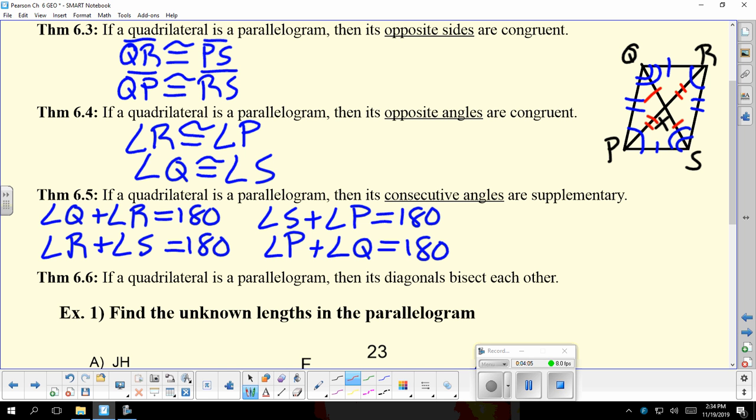So QX would be congruent to SX, and PX is congruent to RX. So the diagonals bisect each other. Try examples 1 and 2. See if you can come up with the missing sides and the missing angles in those parallelograms below.